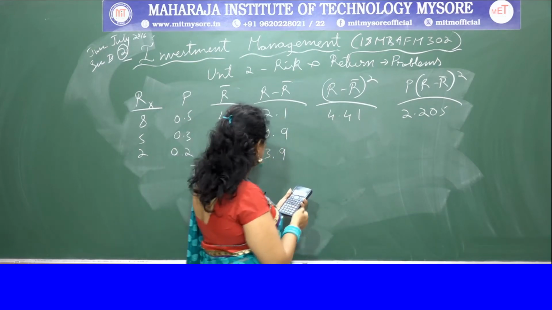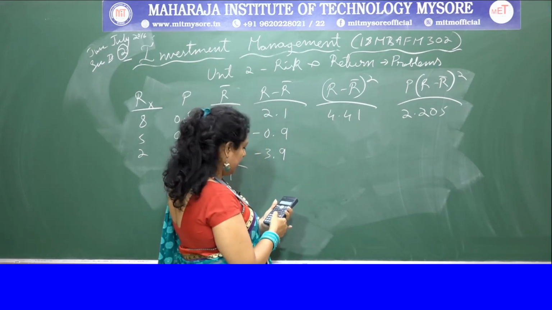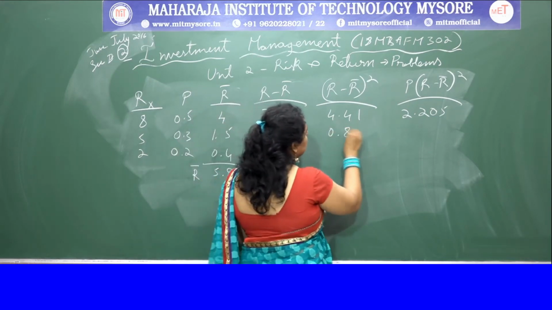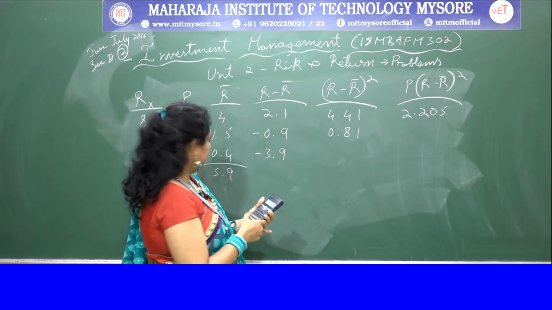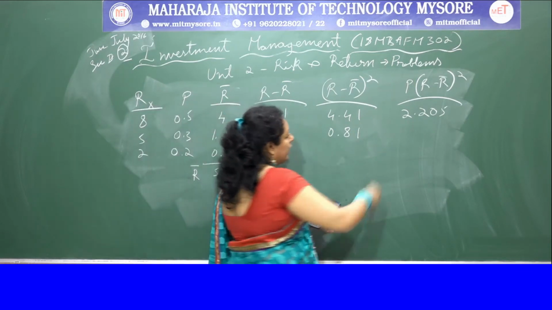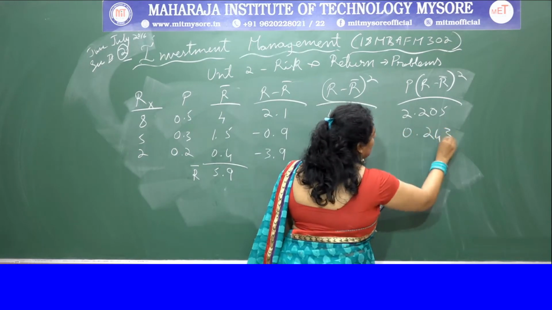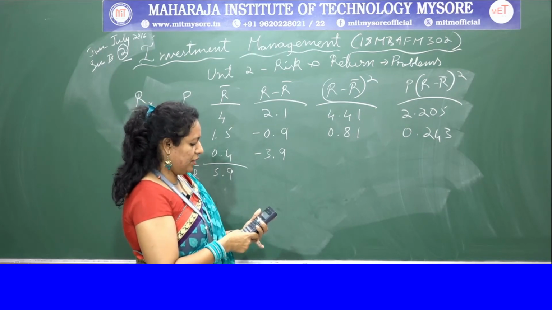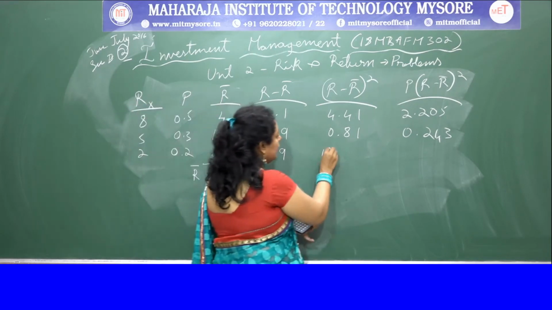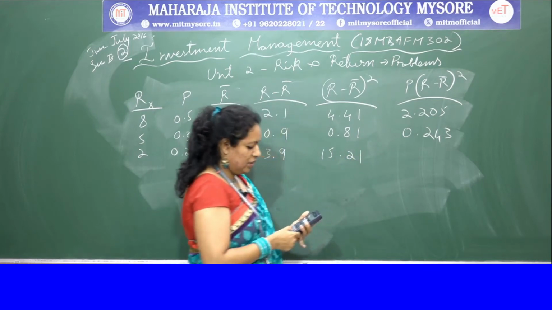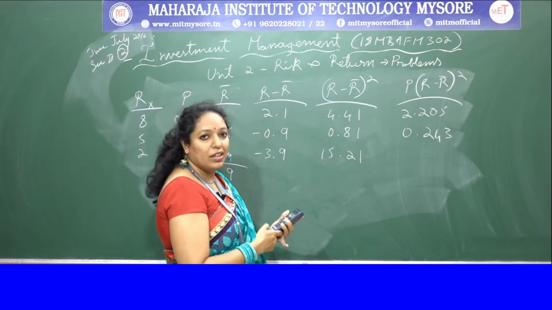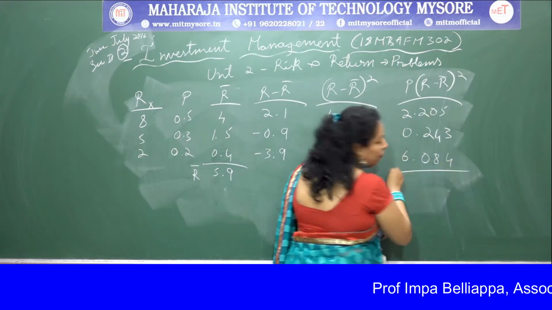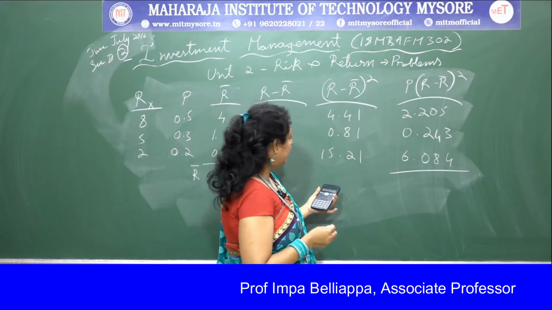Okay, and then we get 0.9 into 0.9, you get 0.81. Okay, 0.81 into the probability, which is 0.3, you get 0.243. Then you have 3.9 into 3.9, you get 15.21 into 0.2, the probability, which is 3.042. So we are going to summate it.